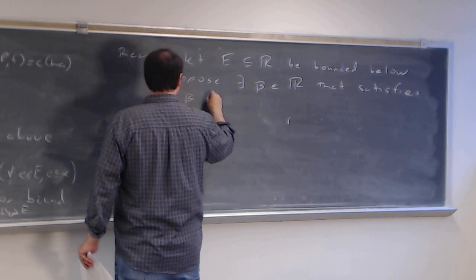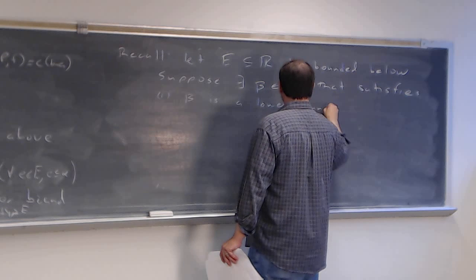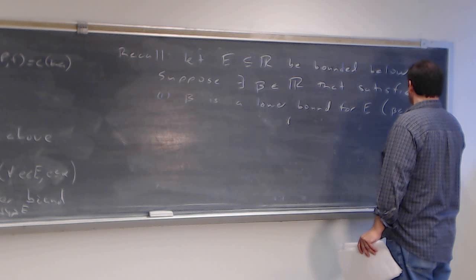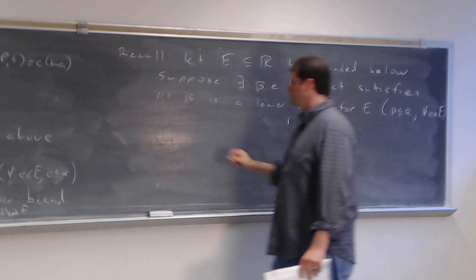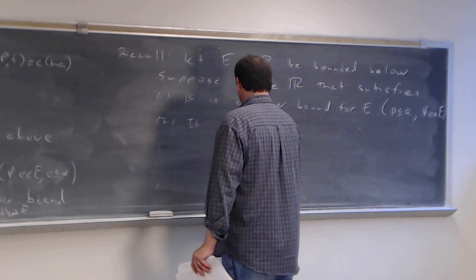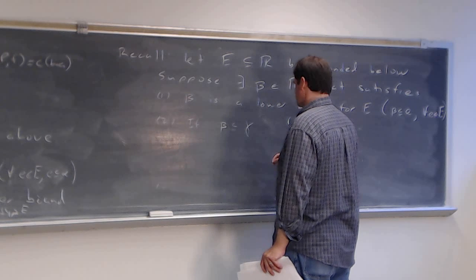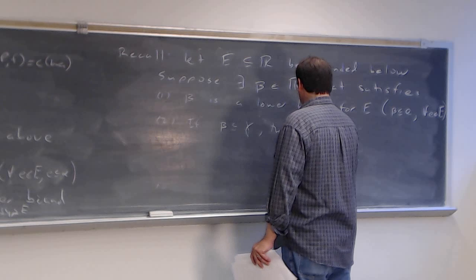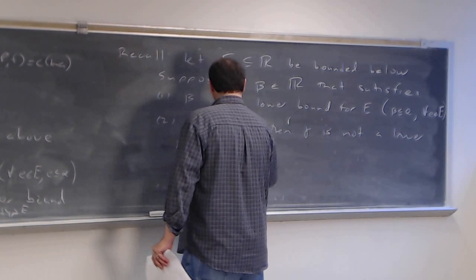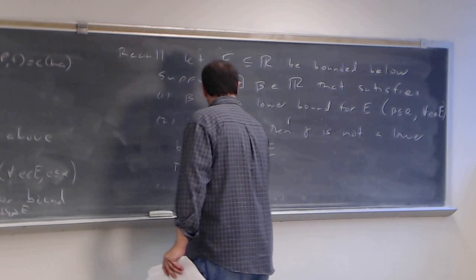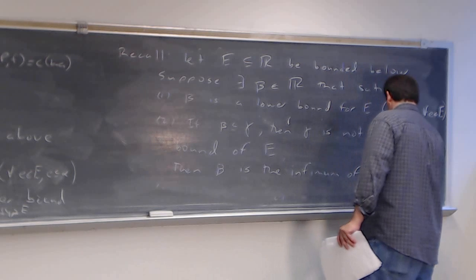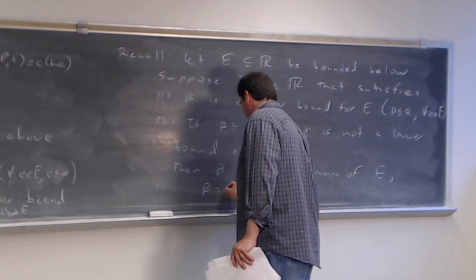First of all, beta is a lower bound for E. Again, it means that beta is less than or equal to e for all little e's element of big E. Two, if beta is less than some gamma, so we've got gamma bigger than beta, then gamma is not a lower bound of E. Then beta is the infimum of E. That is, we say beta equals the inf of E.